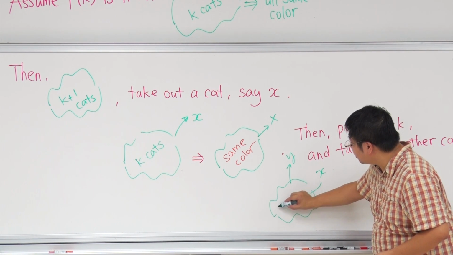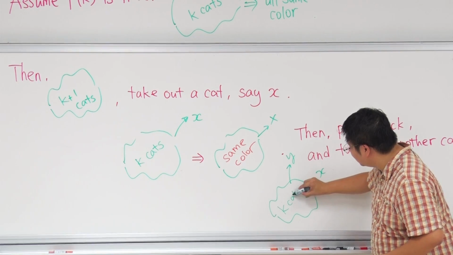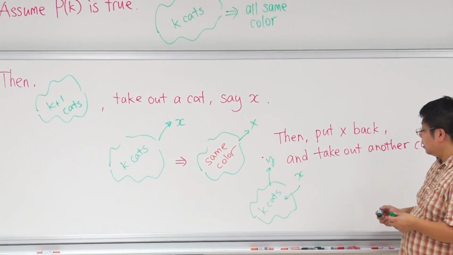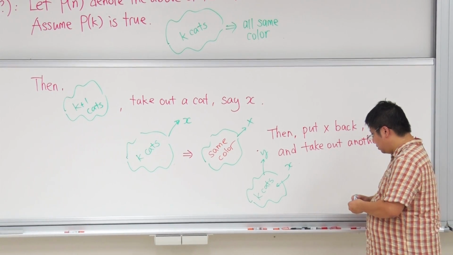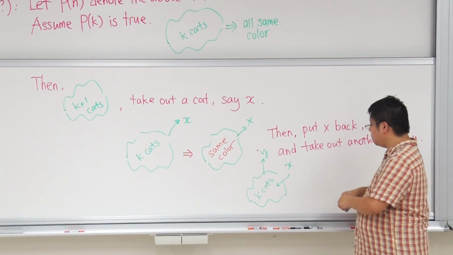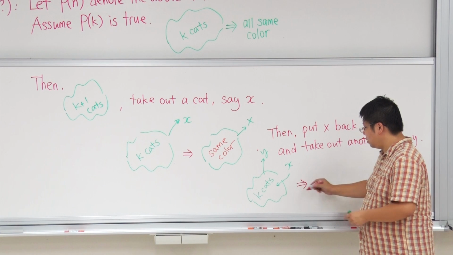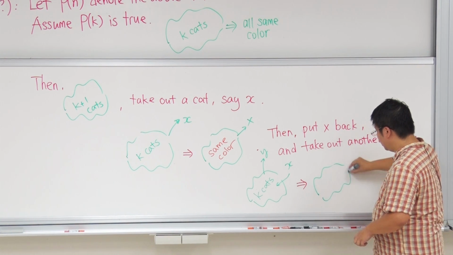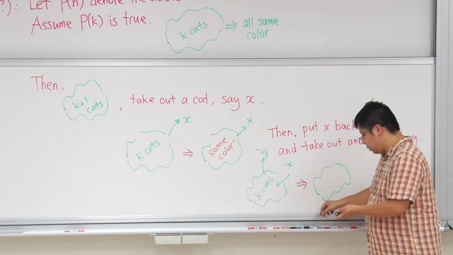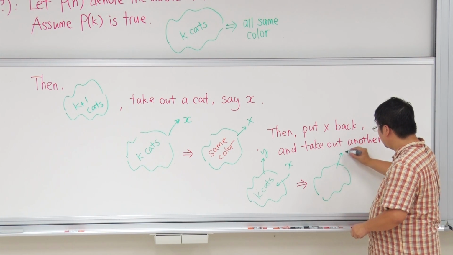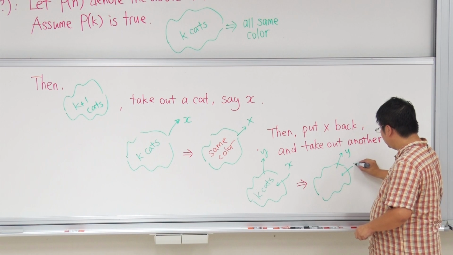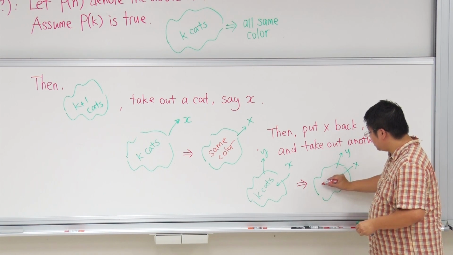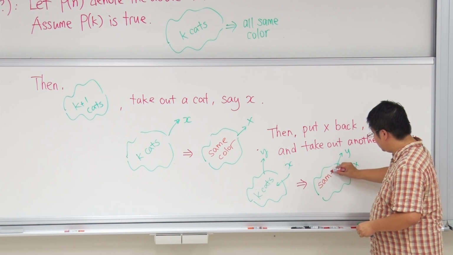And that means that there are now k cats again. Take out x, put back y, there are k cats again. And then this implies, by induction, that y is now here, x is now back, and they are of the same color.